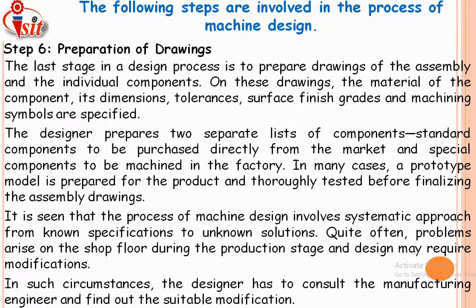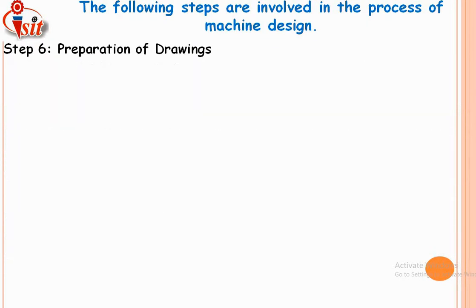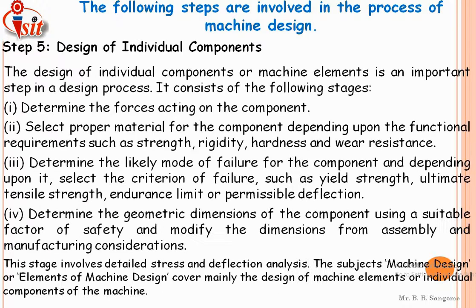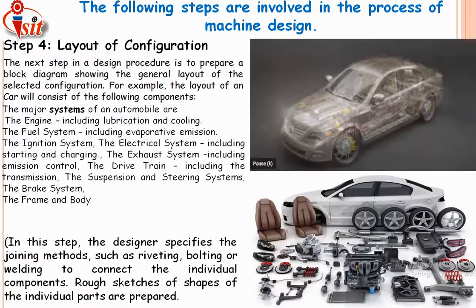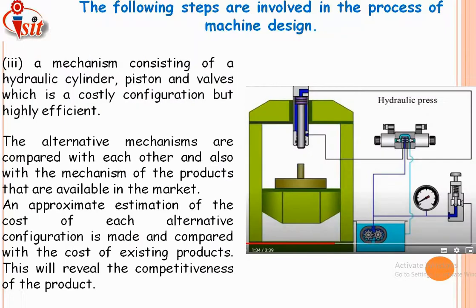So once again we will go through the steps of the design procedure one by one, what we have seen. First, we have seen the recognition of the need. Then you have decided the product specifications.